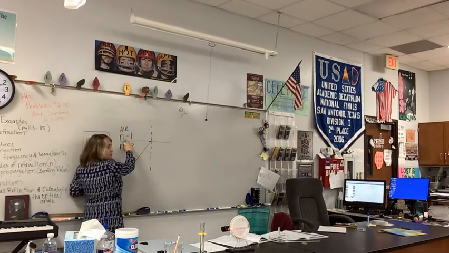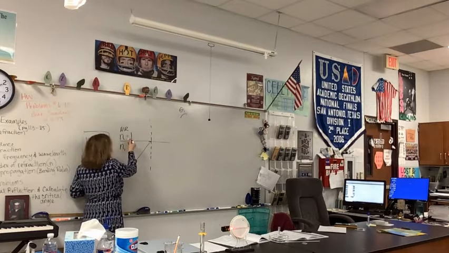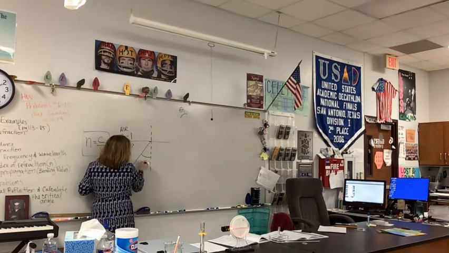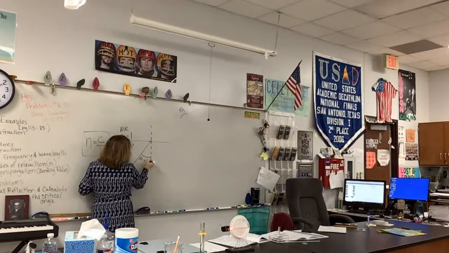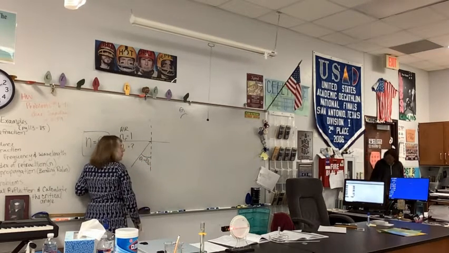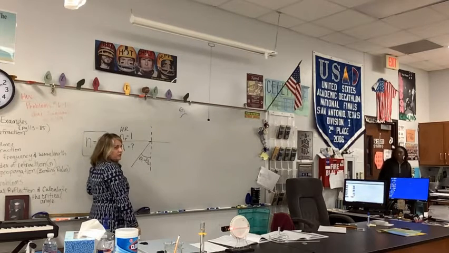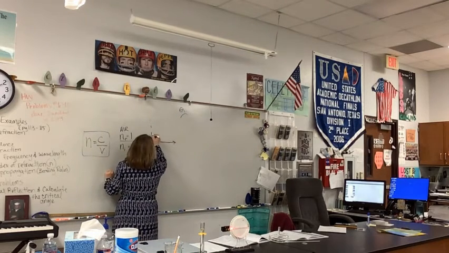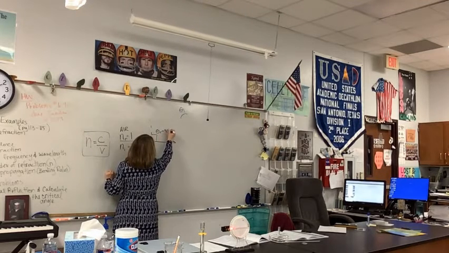And then air would be Nr. So if this angle of incidence, theta I, is equal to the critical angle, what's the angle of refraction? 90 degrees. So I'm going to label it here, theta R, 90.